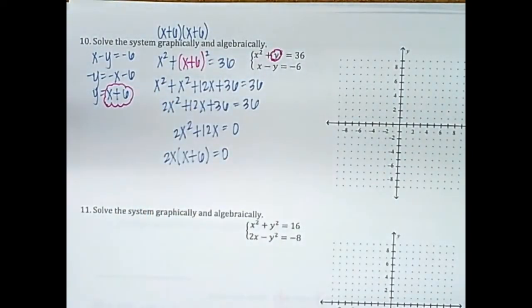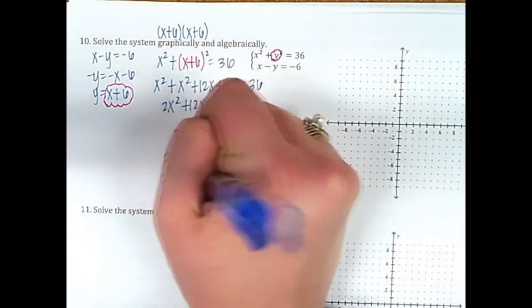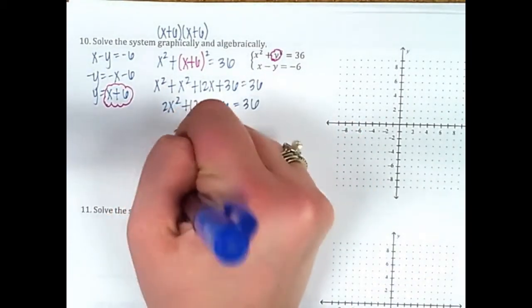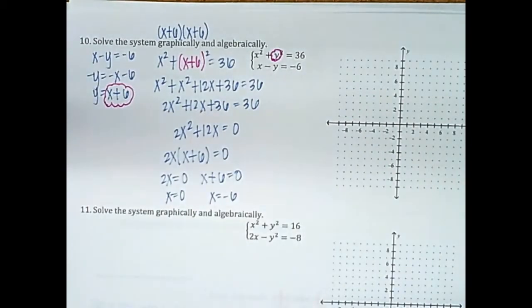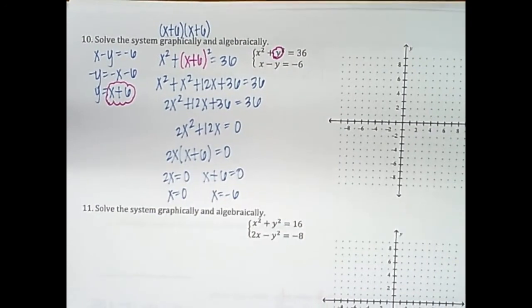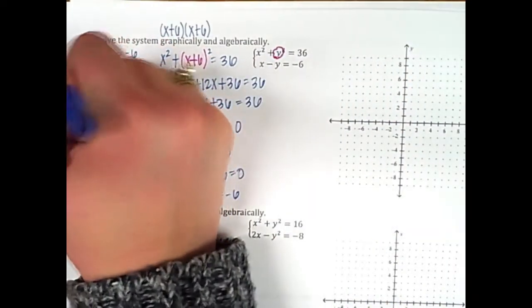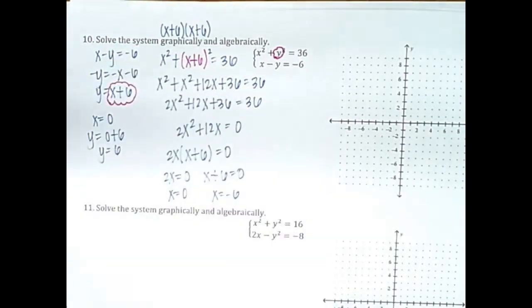And so now I have two factors. I can set them both equal to 0 and solve. So x is equal to 0 and x is equal to -6. So now that I have two different x values, I can plug them into my equation to get my two different y values. So when x is equal to 0, y is equal to 0 plus 6, so y is equal to 6.